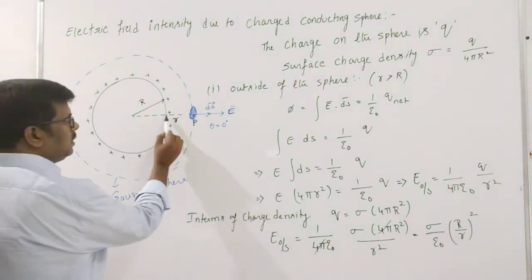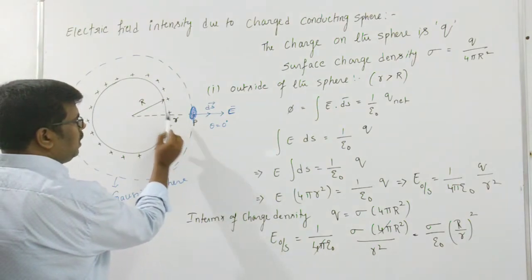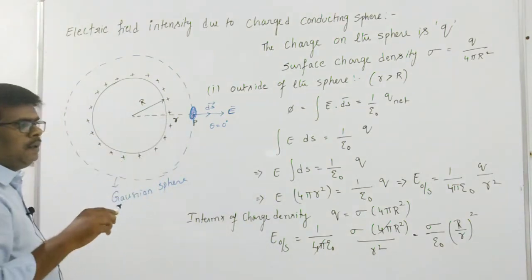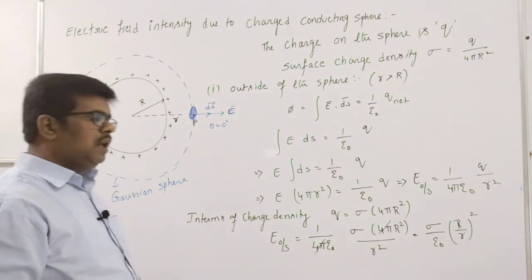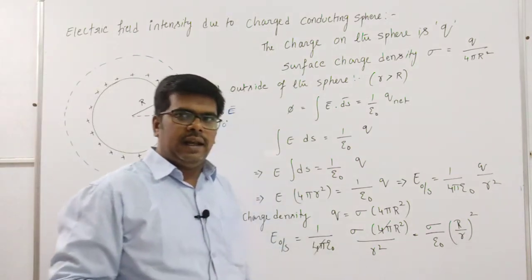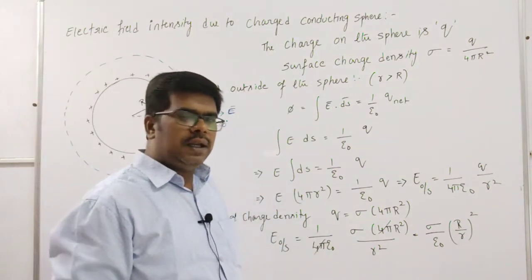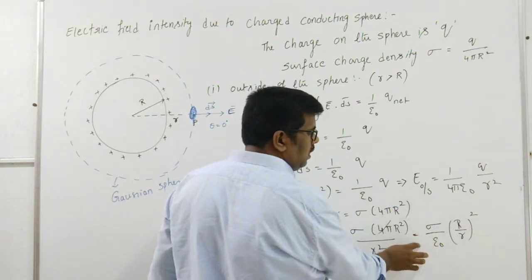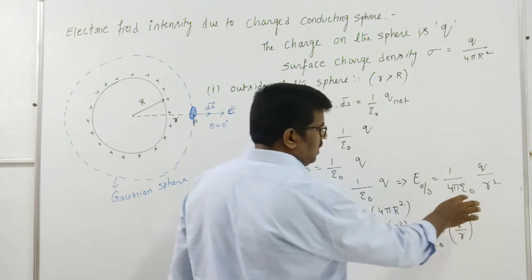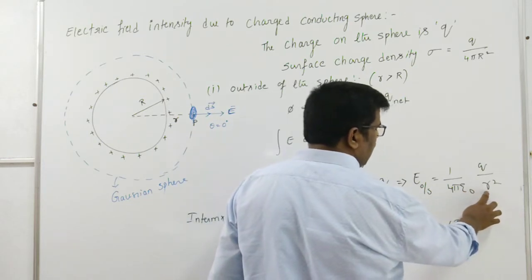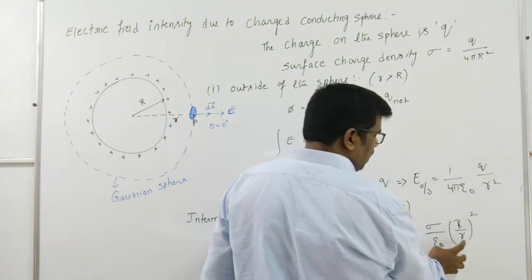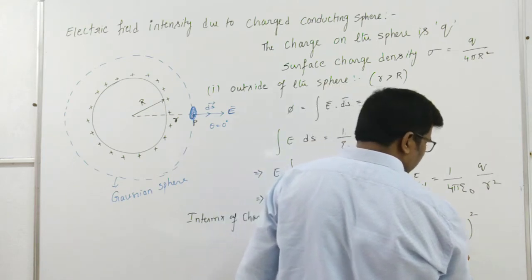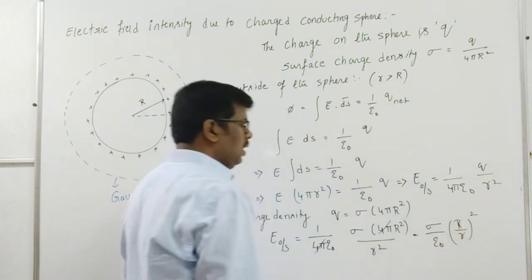On the surface, in the sense, small r becomes capital R. You can directly write it by modifying these expressions: in place of small r, you write capital R, here as well as here. Then you will get the expression.